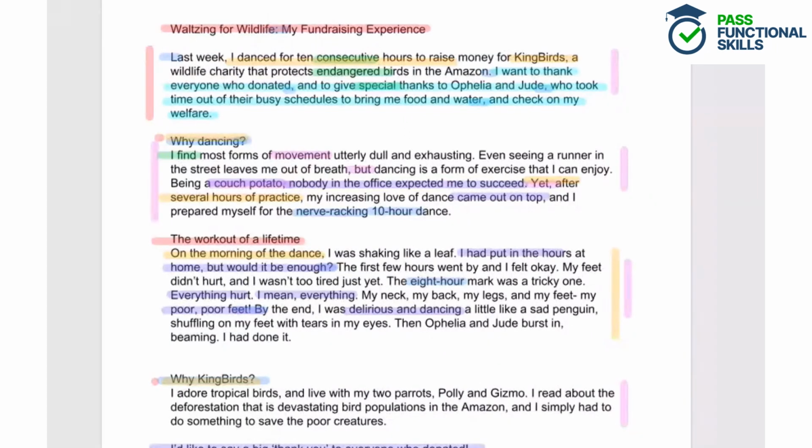So to summarise, this is a fantastic answer for a number of reasons. The spelling, punctuation and grammar are accurate throughout the answer, and we've got a wide range of punctuation that has been used to satisfy the purpose of the text. The answer addresses the audience and purpose really well, and every single detail is focused on the bullet points that were given in the question.